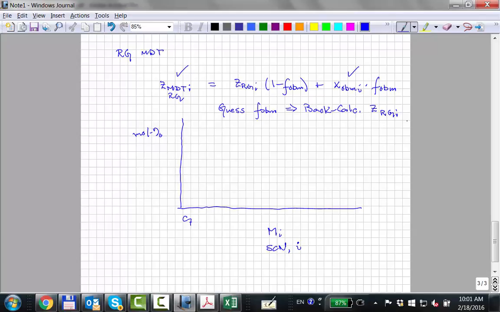Okay, you just solve that. Now when you do that, you basically want this to be a smooth, probably continuous, meaning no hump, no valley, compositional trend.